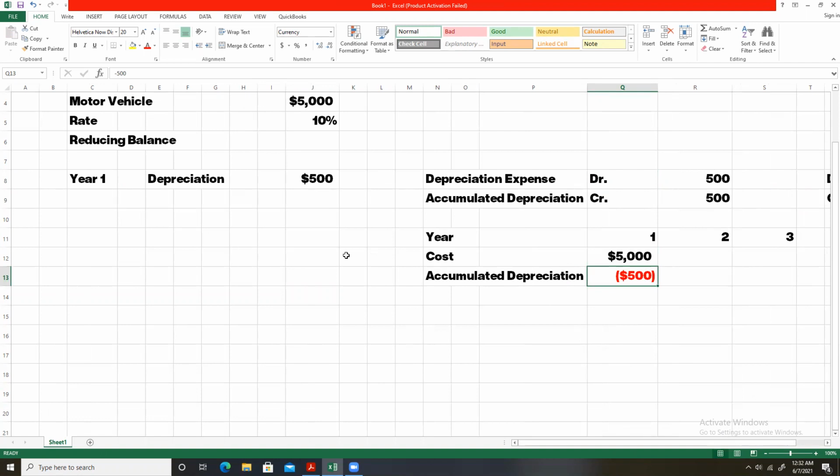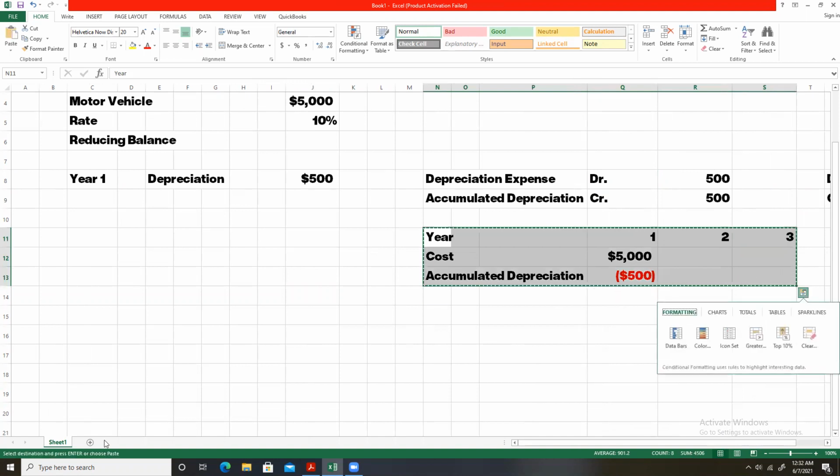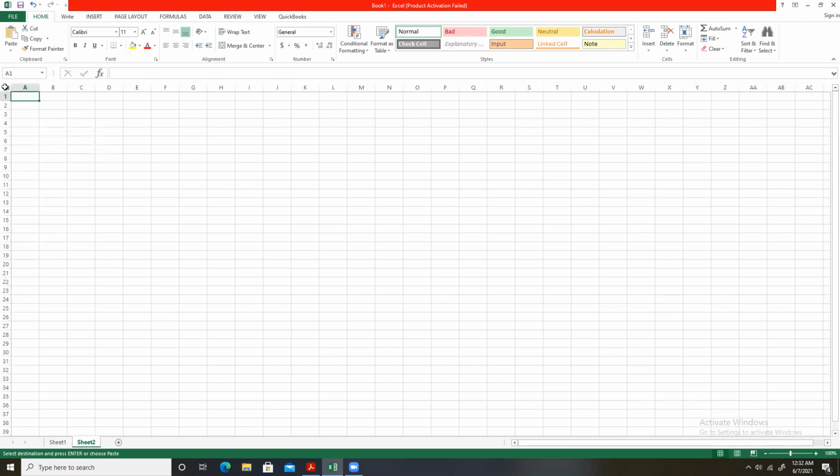Now, in the second year, what will happen? I think it will be much better to show this table on another sheet.